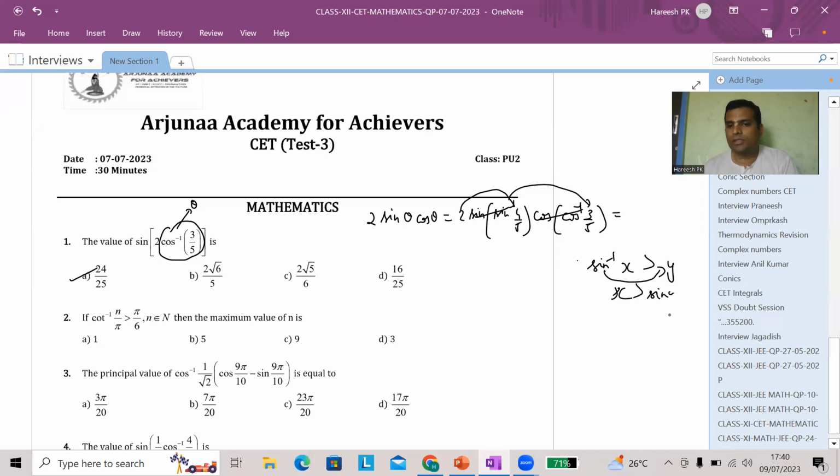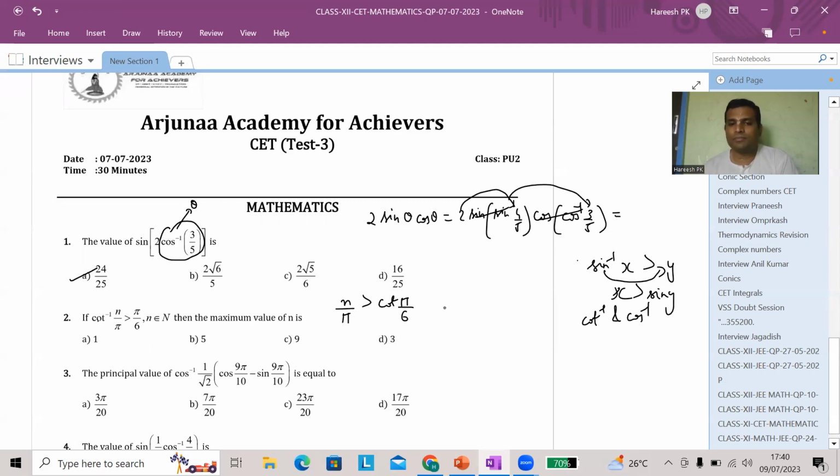It just becomes x is greater than sine y. But cot inverse and cos inverse, they're all decreasing functions. So when you transfer the inverse, inequality changes. So we end up getting n by pi is greater than cot pi by 6.